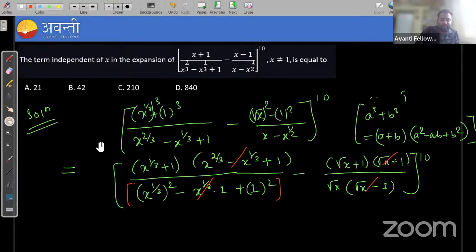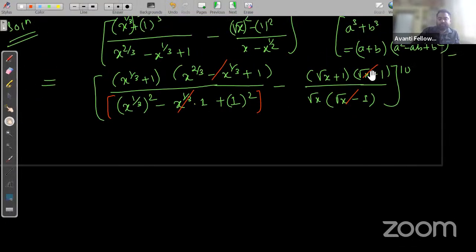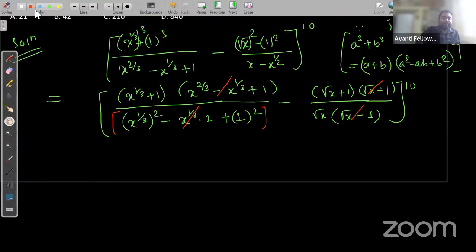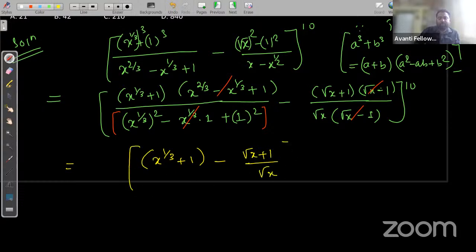So what we are having till now, we are having x to the power 1 by 3 plus 1 divided by, sorry, we have nothing in the denominator, minus root x plus 1 by root x whole to the power 10 we are having, right?